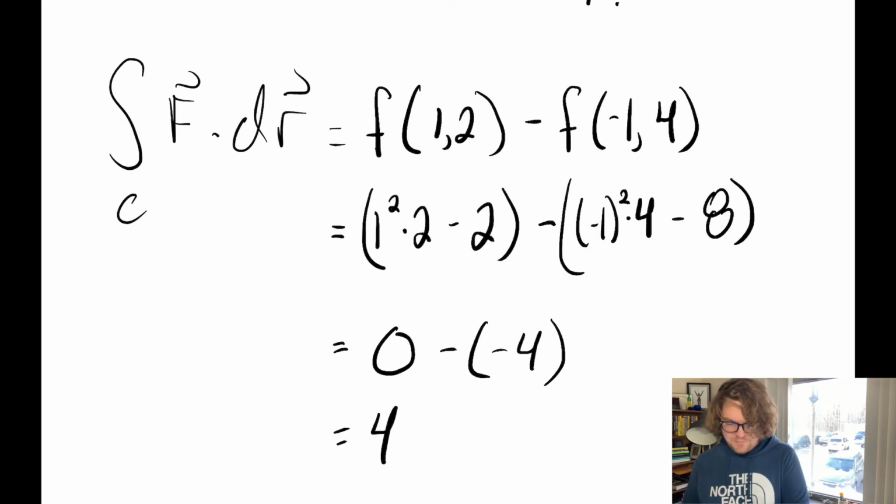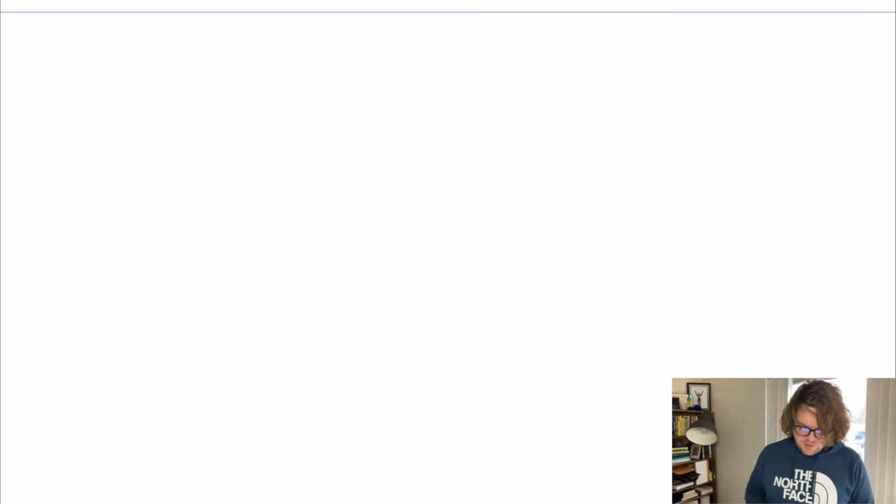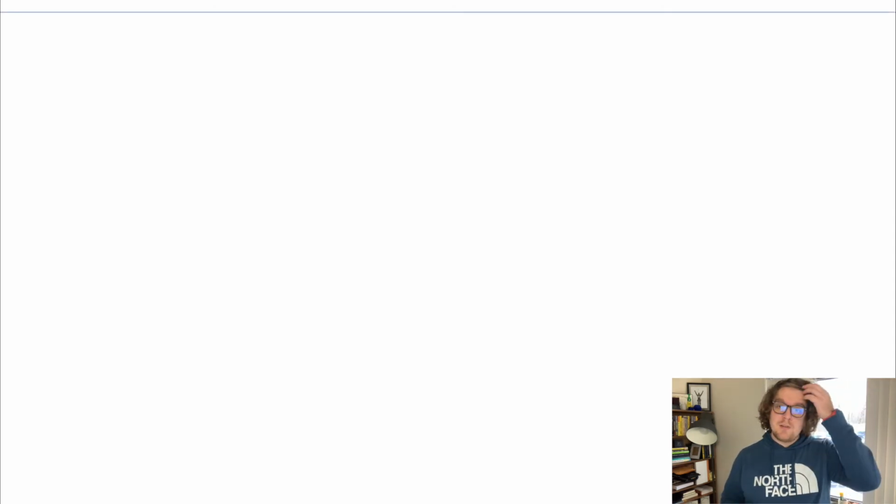Pretty nifty, right? There's one other big idea that I want to talk about in this section, and it's a pretty simple idea. It's the idea that if we're integrating over a closed loop or some sort of closed path in a conservative vector field, the value of the line integral is just going to end up being 0.